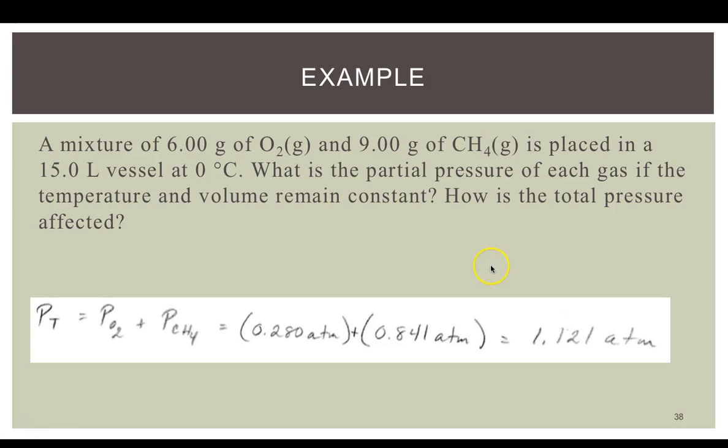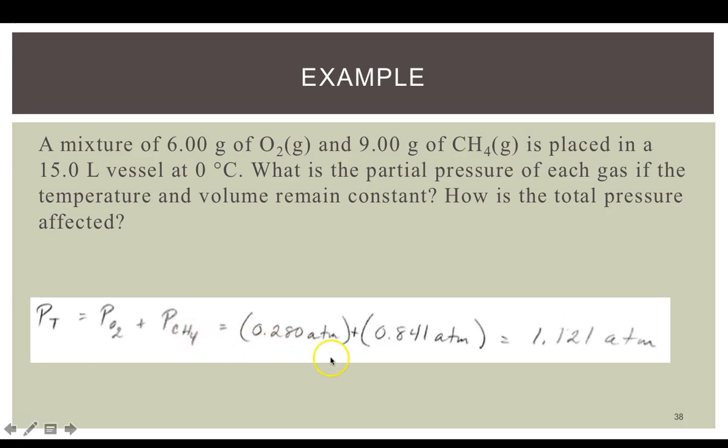We go back to Dalton's law because the question was asking what is the partial pressure of each gas. The second part was how is the total pressure affected. Well, the total pressure is affected because both molecules contribute to the total pressure, right? So the total pressure is going to be PO2, the partial pressure of oxygen, plus PCH4, the partial pressure associated with the methane.